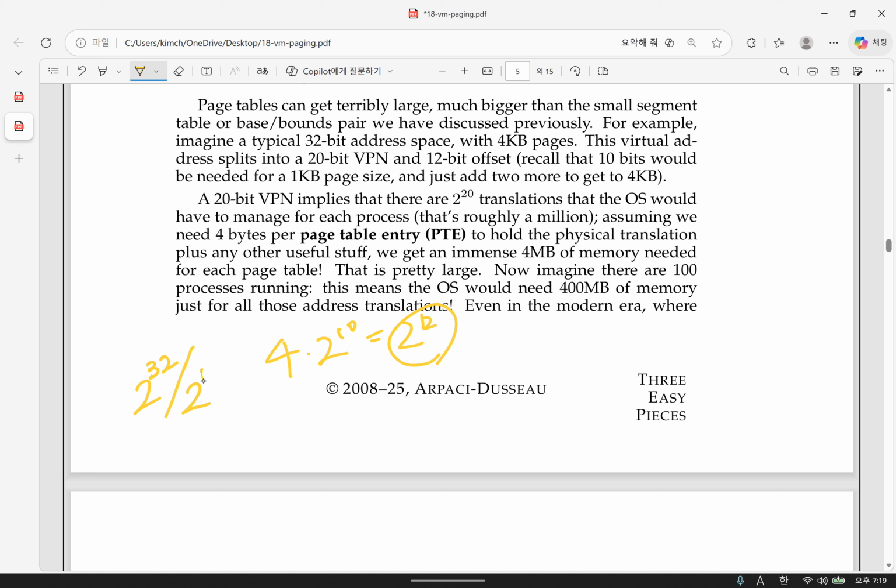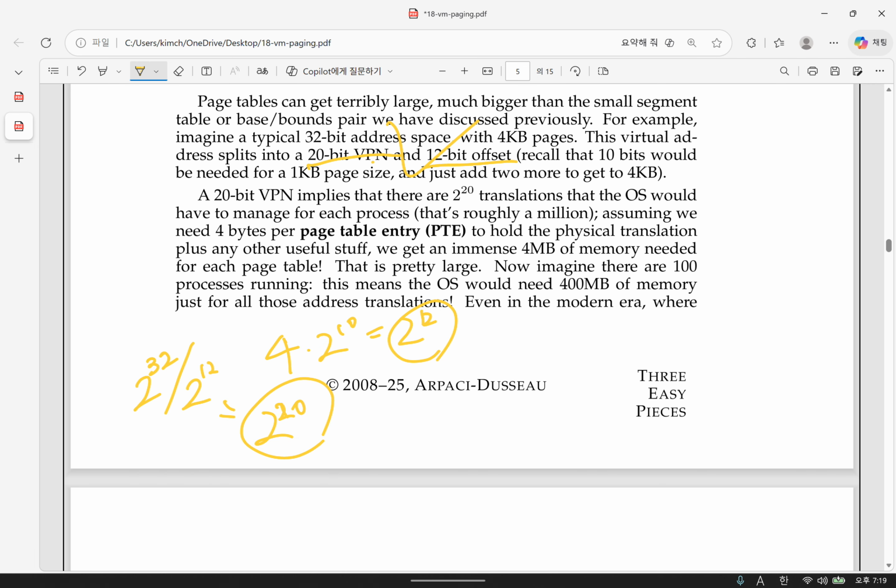If you divide 2 to the 32 by 2 to the 12, we get 2 to the 20. So there is a 20-bit VPN, virtual page number, and a 12-bit offset. That's what this is trying to say.